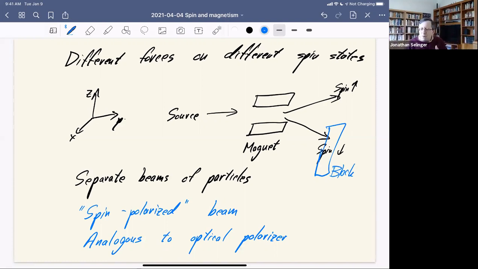And so that's what would be happening here. It blocks off the spin down and only allows through the spin up. So that's an experimental technique if people want to study one spin and not the other spin.